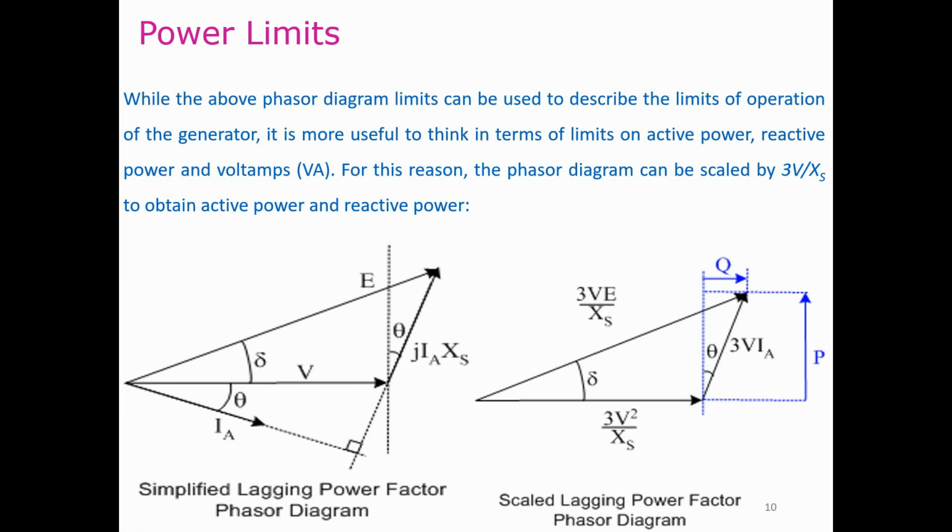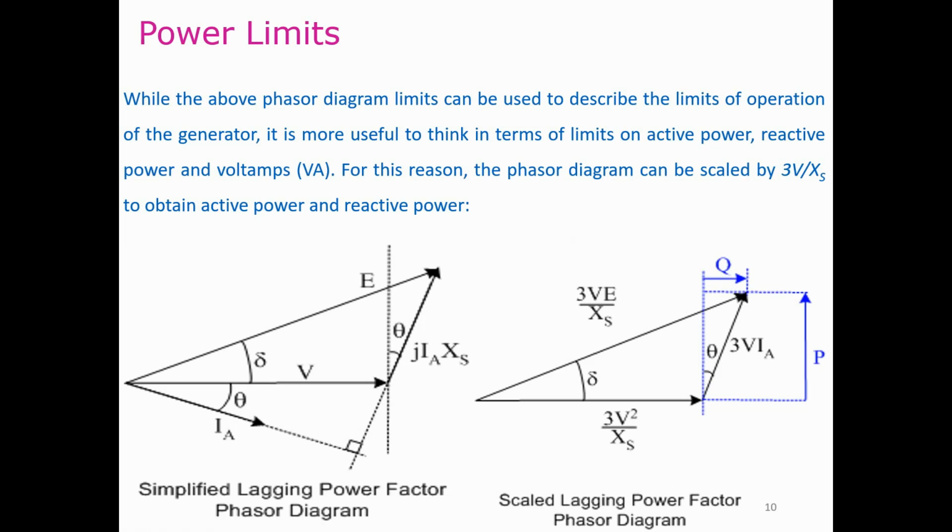So for this reason, all the quantities in this phasor diagram are multiplied by 3V divided by Xs. I am repeating, the simplified phasor diagram of lagging power factor is scaled by 3V upon Xs to obtain active, reactive and apparent power.